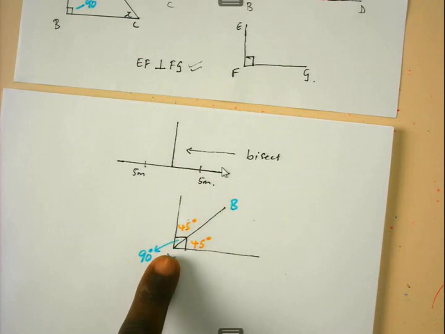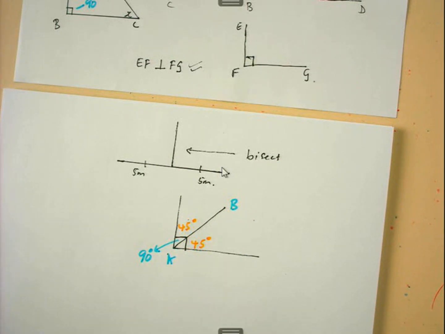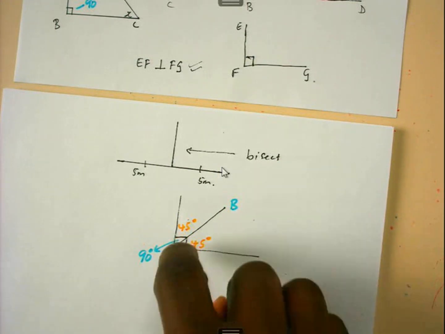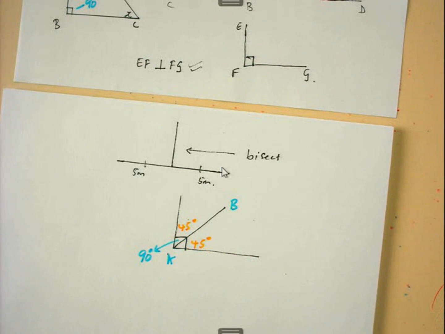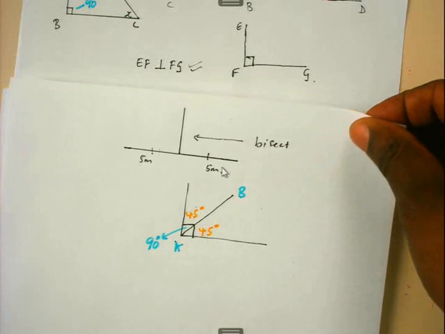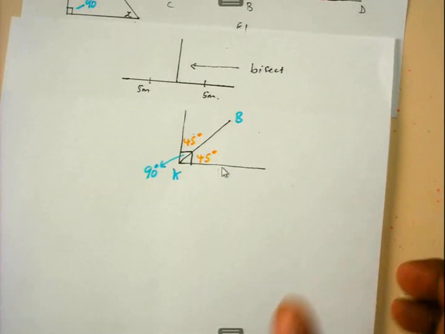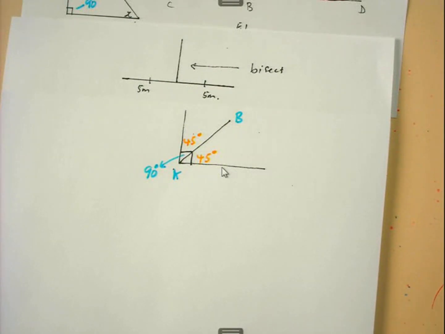But even on the angle we can have bisect. It means that angle is cut into two equal halves. This part here is equal to the other part on that other side. Please, these are the things that you need to take note of when you deal with this part in the diagram. In the statement when it says bisect, what do you know about that bisect?